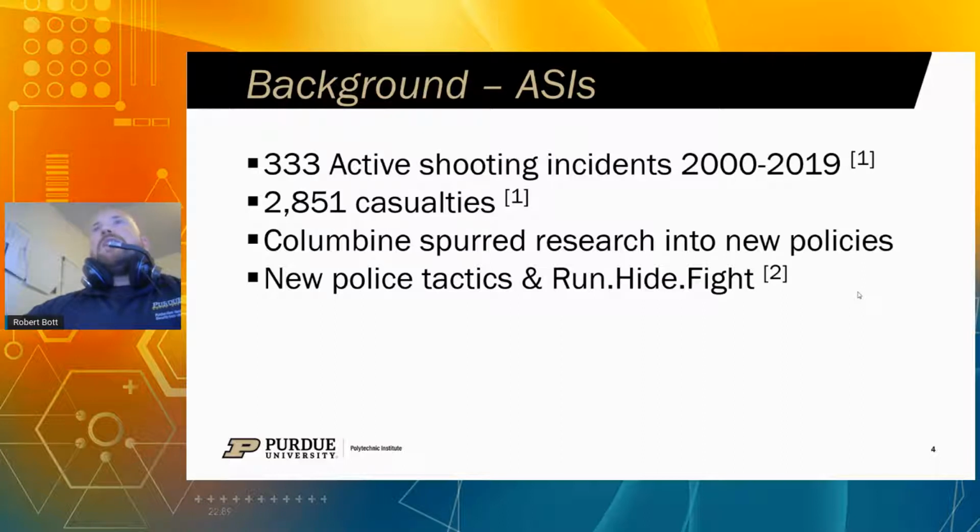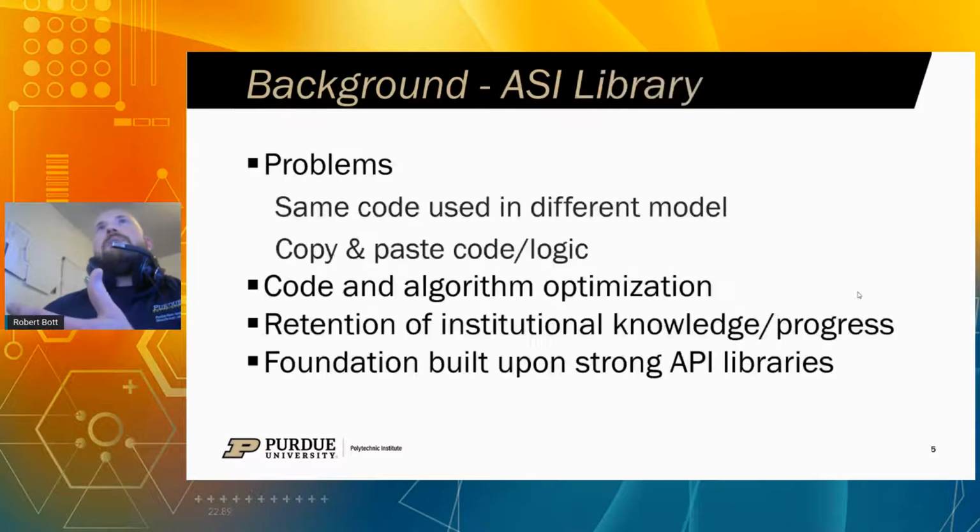A quick little story on that. I've heard recently that when people were in an active shooting like this, run, hide, fight helped, and the training helped to reduce casualties. A good argument can be made for that. There's other policies such as avoid, deny, defend, which is a different system, but similar to that. So that's a quick background on active shooting incidents.